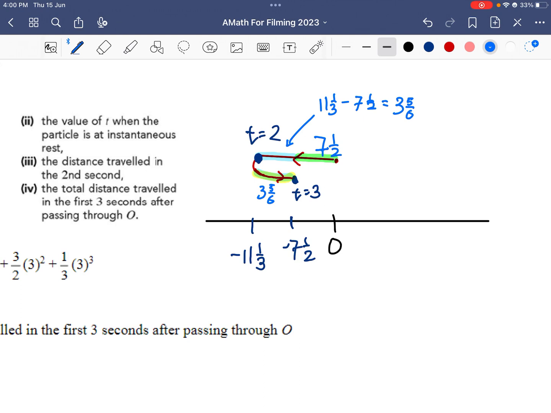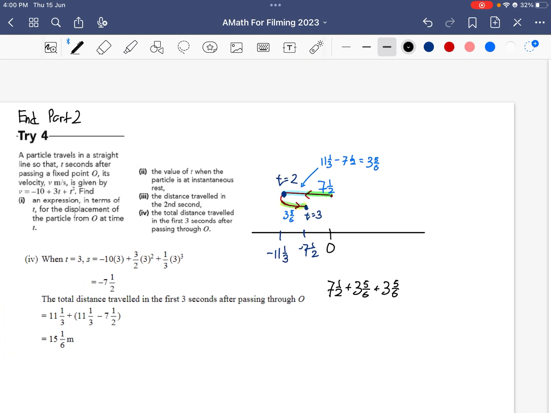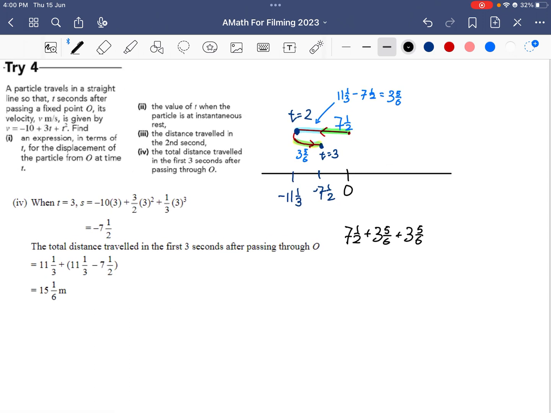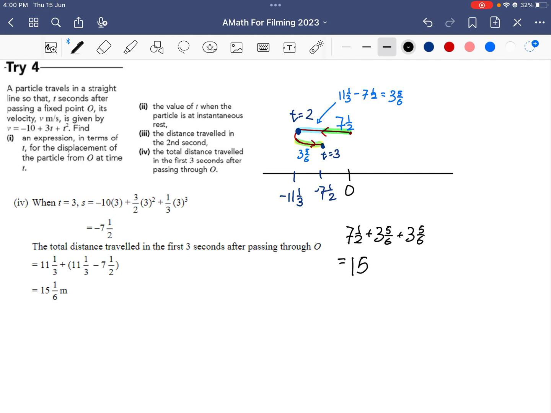So the total distance that this particle has traveled will be 7.5 plus 3 and 5 over 6 plus 3 and 5 over 6. In total, what you travel is 15 and 1/6 meters, as shown here.